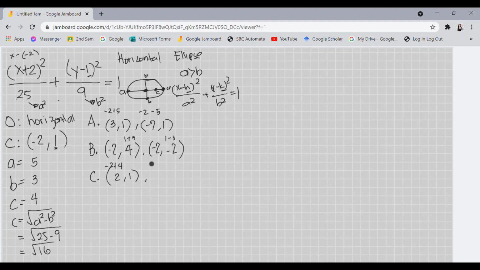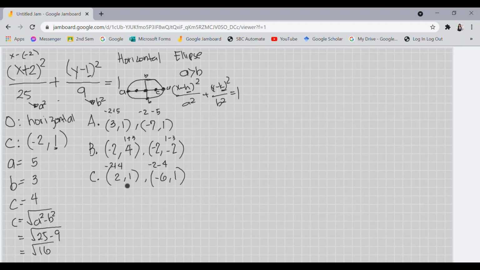And then, the other coordinate, going to your left side, from negative 2, going to your left side by 4 units, negative 2 minus 4. So, that is equal to negative 6, 1 again. Okay, so for your foci, you have the coordinates 2, 1 and negative 6, 1.